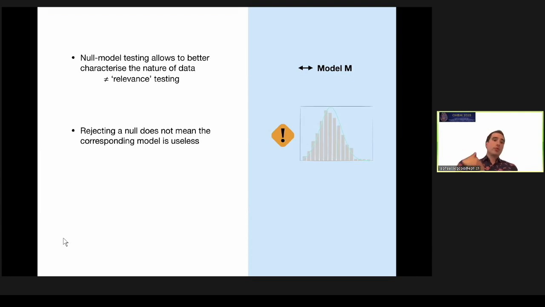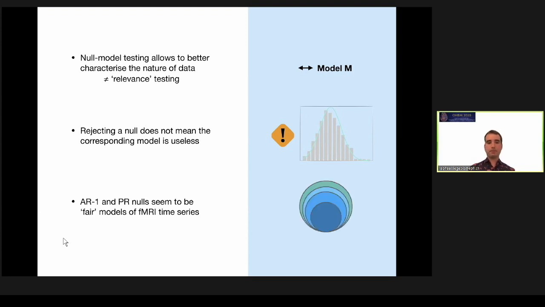Then a second point that relates to the first one: rejecting a null does not mean that the corresponding model is useless. We've seen that with the univariate Gaussian case for the distribution of women's height. It's the same for fMRI time series. It's not because we reject, for example, the phase randomized null that a linear Gaussian model is not useful to describe fMRI time series.